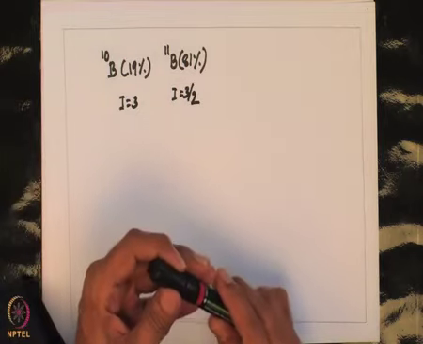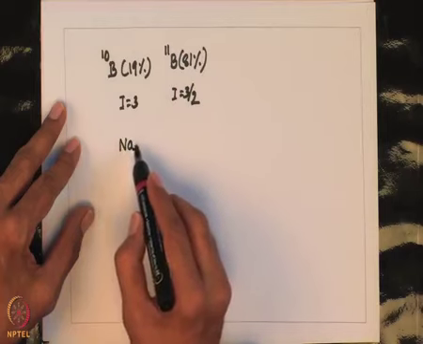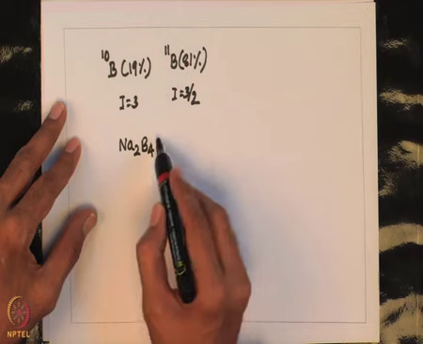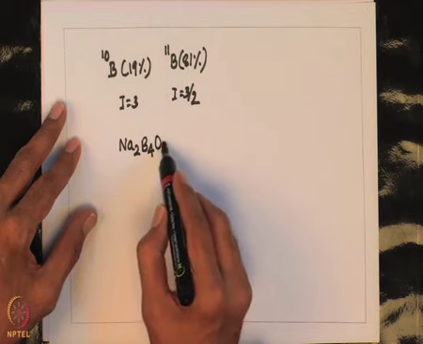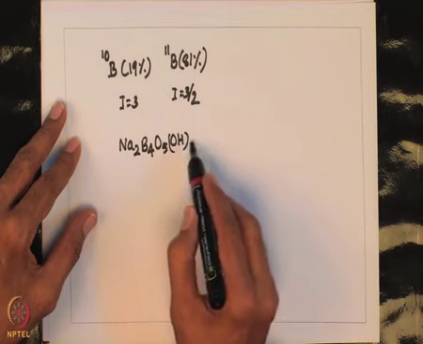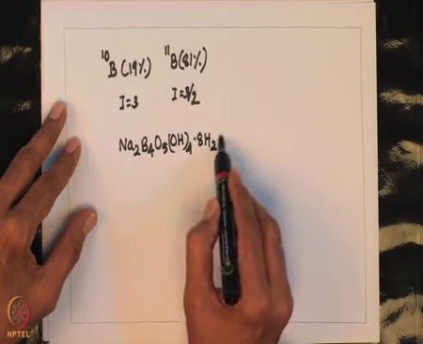The most common sources of boron are tourmaline, that is boron oxide, or borax, which has the composition Na2B4O5(OH)4 with 8 equivalents of water.